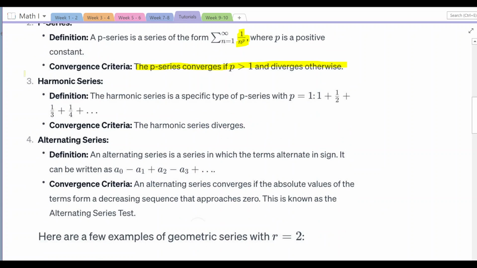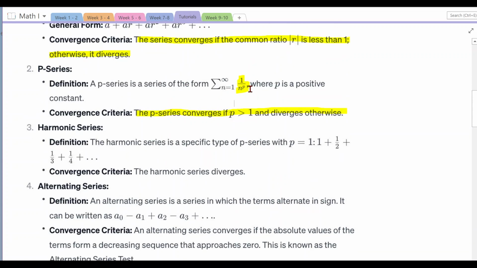Next type of series is the harmonic series. By definition, the harmonic series is a specific type of p series, but with p itself equal to 1. So imagine it is a p series like this, but the p here is 1, and therefore the only variable is n, starting from 1, 2, 3, 4, and so on.